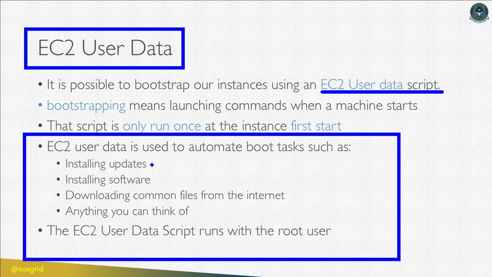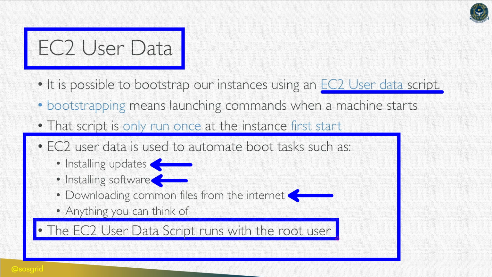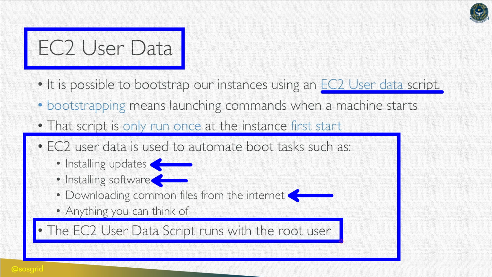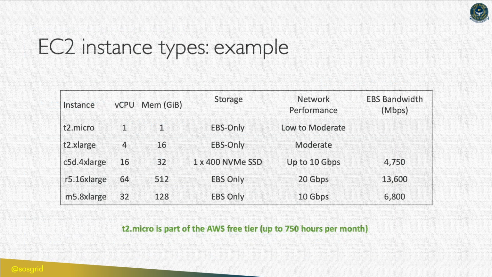Maybe anytime you start your EC2 instance, it installs the update every time you start it. But the software isn't installed every single time, it just installs once, because that's the first time you are setting up your instance. You can also download common files from the internet. Just think of it as a script that runs with the root user. You execute it once and then you have it.